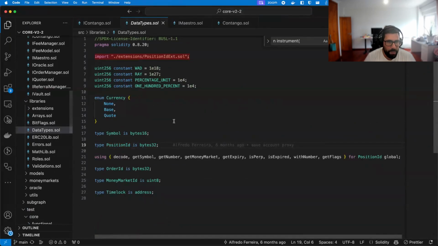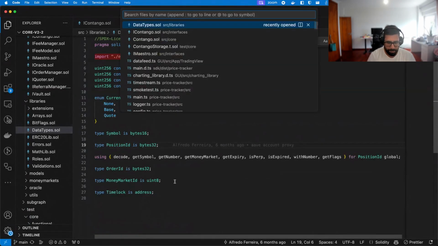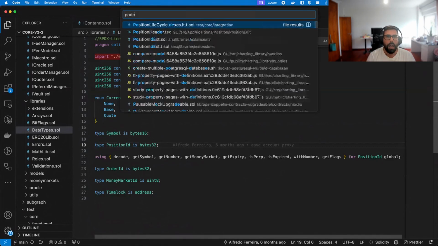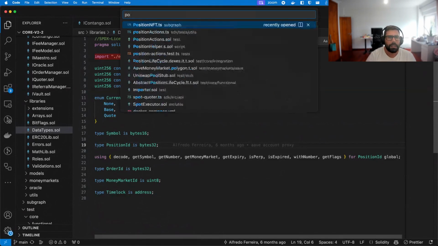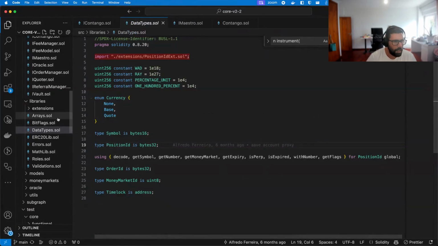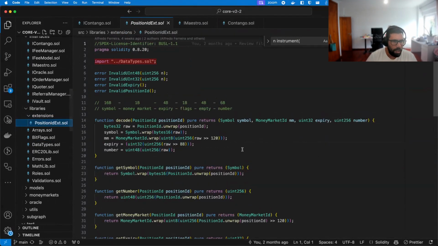But yeah, so we have this position ID, which is also a class, the position ID extension. The position ID actually encodes a lot of information. We have the symbol in the first 16 bytes.